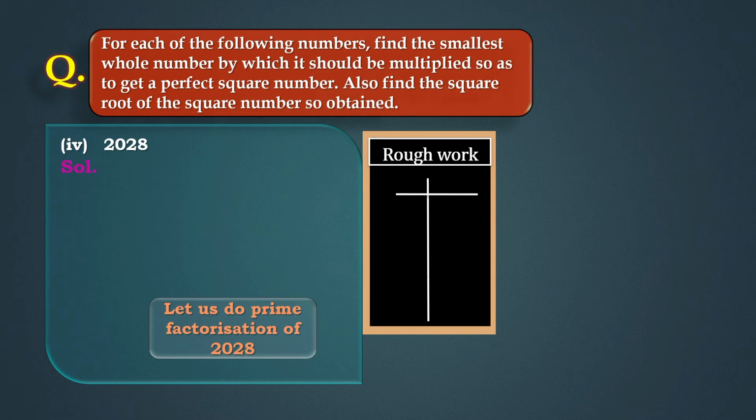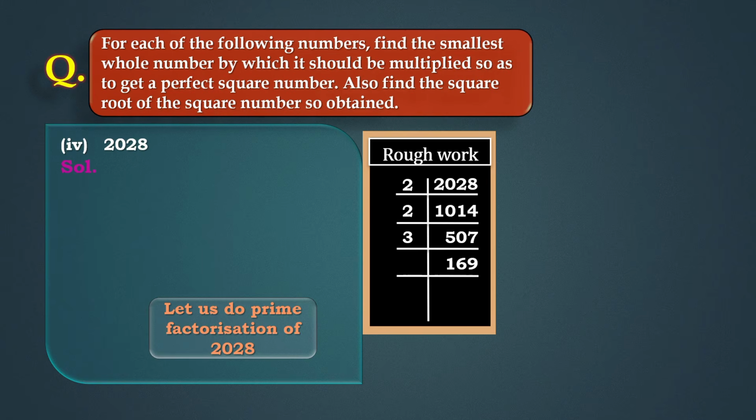We begin dividing by 2. 2028 divided by 2 gives 1014. 1014 divided by 2 gives 507. Now, 507 is not divisible by 2, so we divide by 3. 507 divided by 3 gives 169.